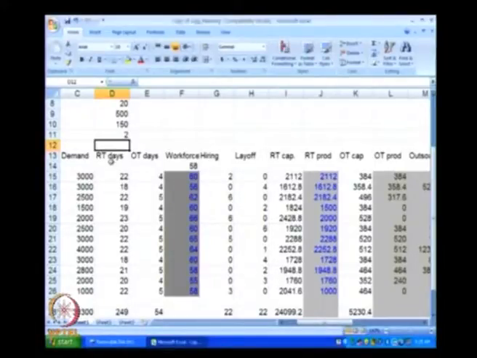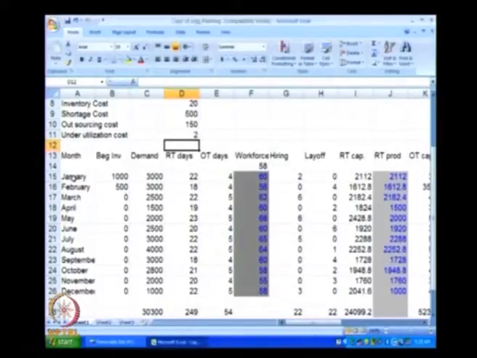We use the same values of regular time production days as in the previous spreadsheet, as well as the same values for overtime production days as used in the earlier spreadsheet. The change that we bring in this spreadsheet is that we are now going to vary the workforce. So we are assuming that, say this represents January of a particular year where the demand is 3000.